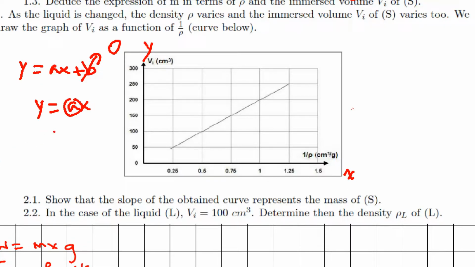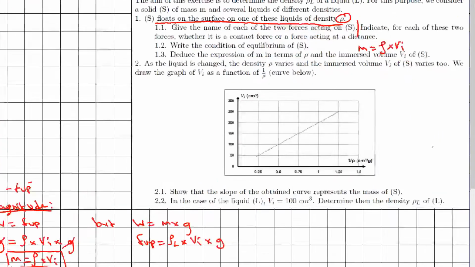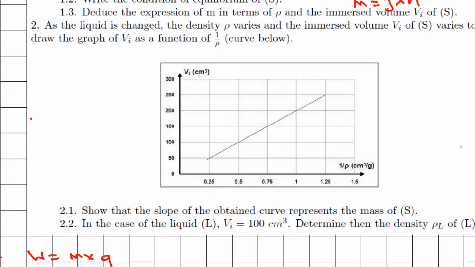So if we construct a triangle for this formula, which is given by y is equal to ax, because we have a multiplied by x, y will be at the top, a and x here. We are interested in determining the value of a, so a is given by y divided by x. So the value of a, the slope, is given by y divided by x. What does y represent?